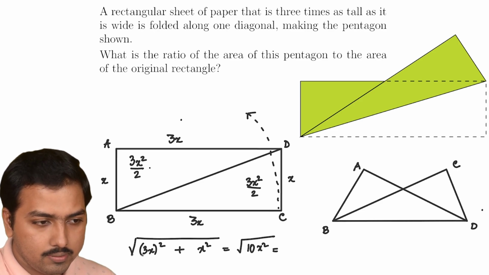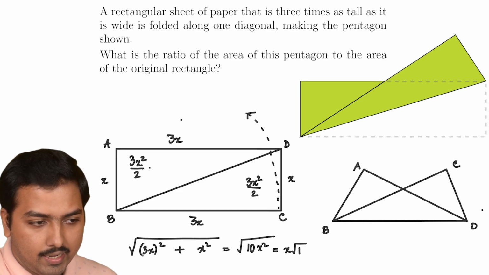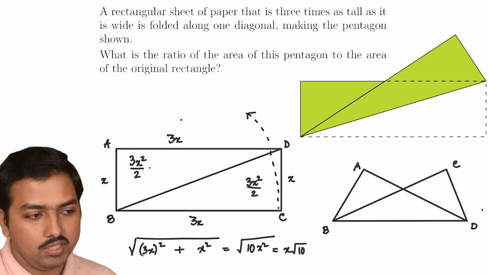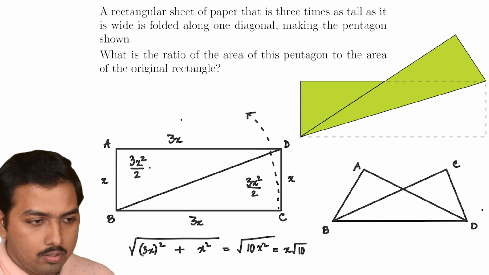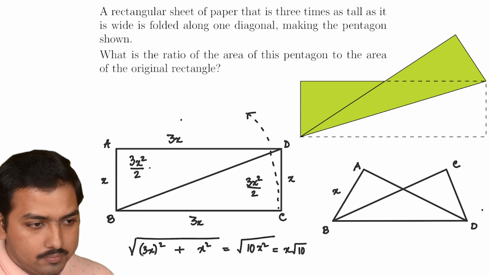So we'll end up at x root 10. This is the length of the diagonal. Okay, so AB is x.